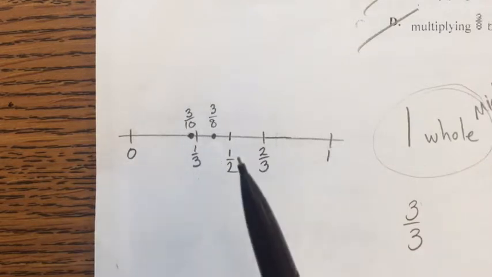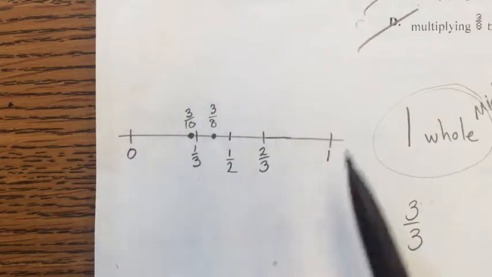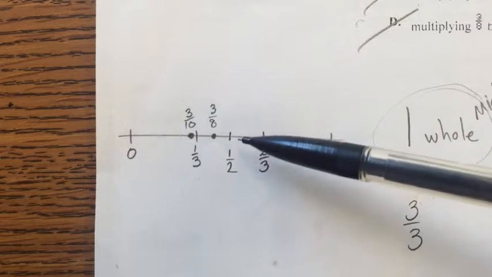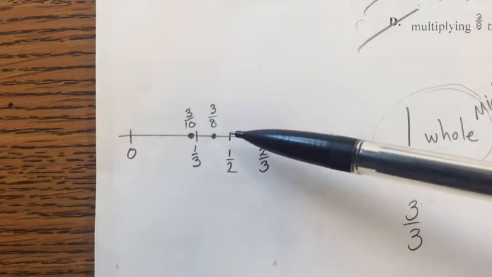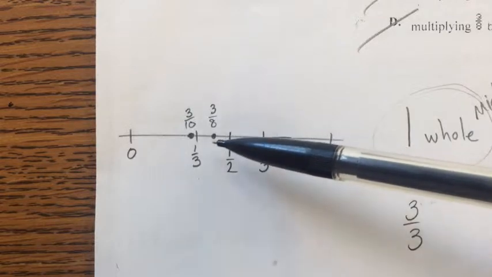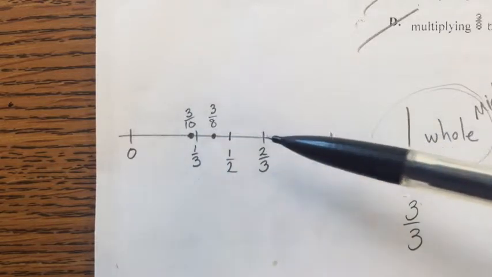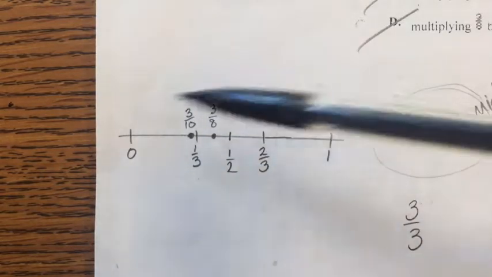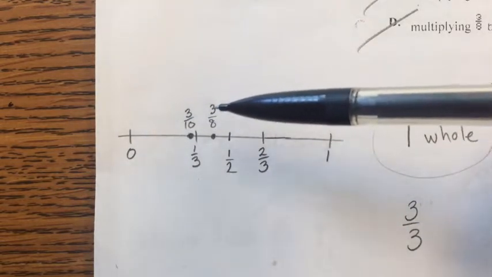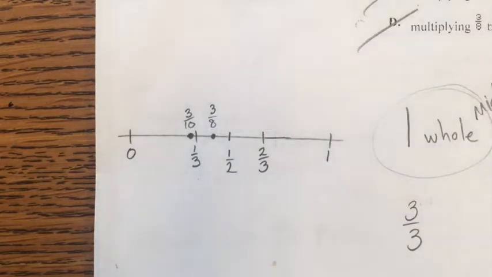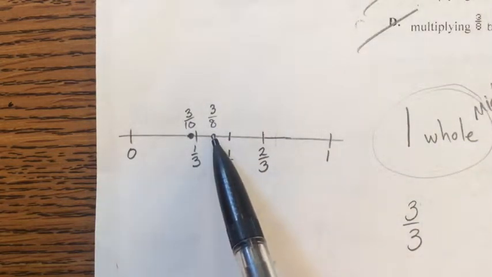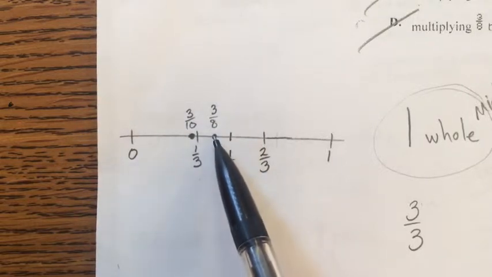And then just to help myself think of this conceptually, because I'm more familiar with dealing with halves of whole groups, I just made myself a little marking for 1/2 so that I can see 1/2 lies between 1/3 and 2/3, right? It's just a visualization of the numbers that we're dealing with. 3/8 is really close to 4/8, and 4/8 is really close to half. It's a little bit less than half, so 3/8 goes right here.